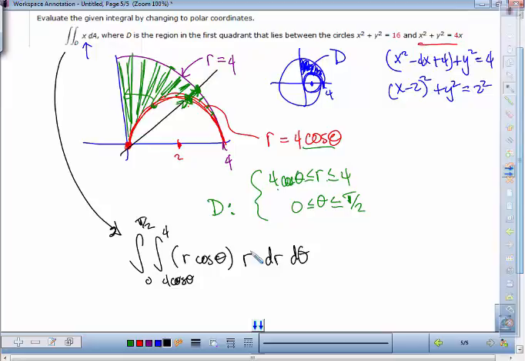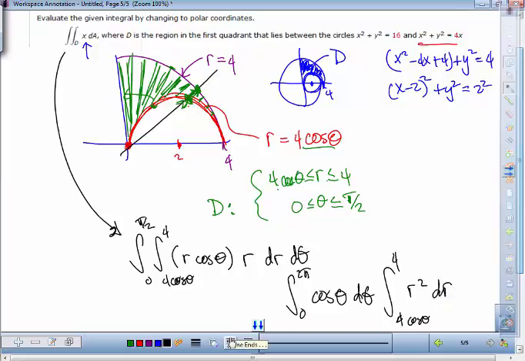Can we break this up? Can we break this? So you can't do this because of the limits.